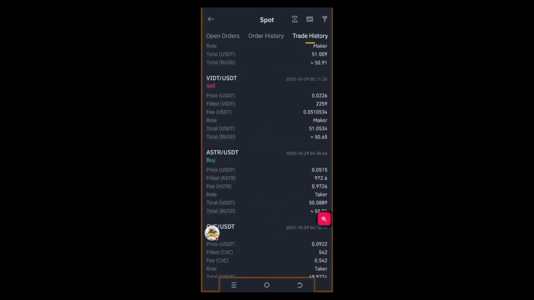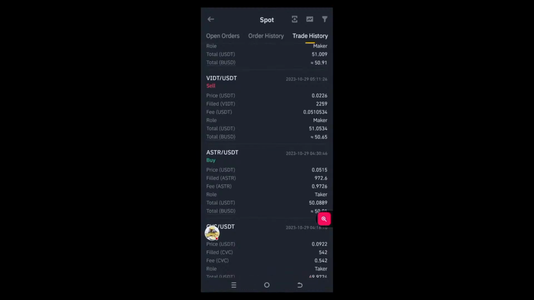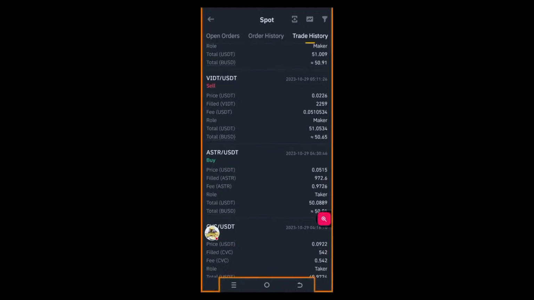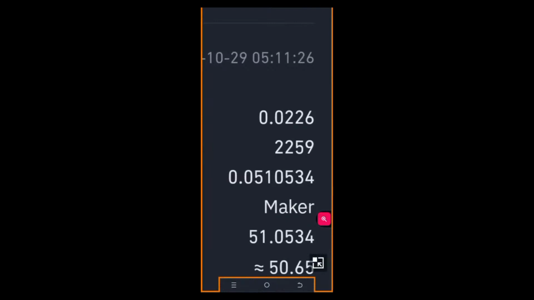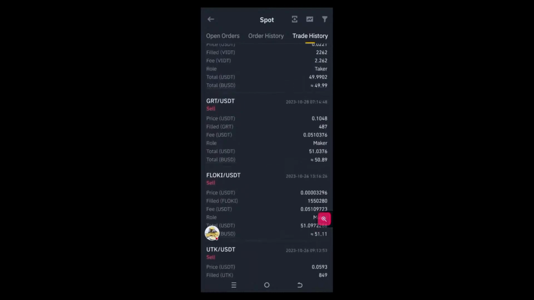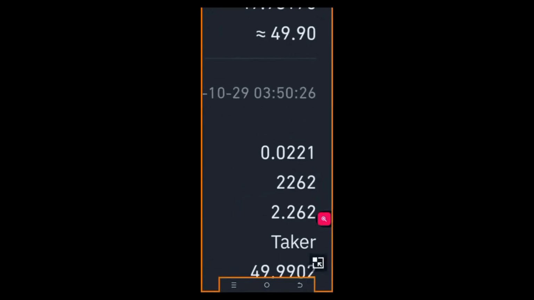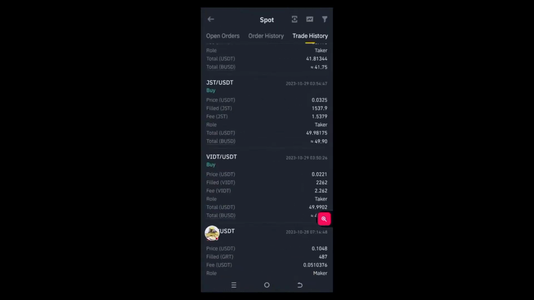Okay, so this is VIDT. We bought it at 221. Let me go and check so that I can be very sure. Look at it here. We bought it here at 221. That's the price we bought it at.